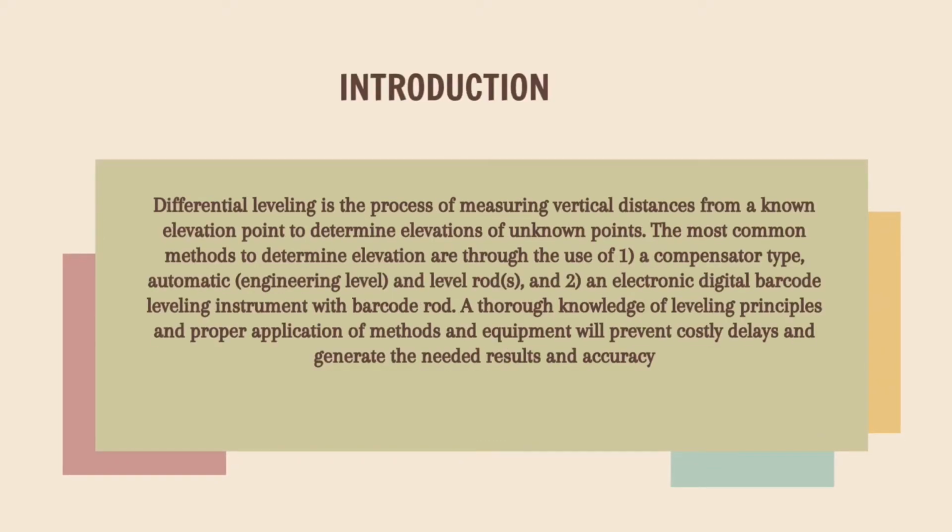Differential leveling is the process of measuring vertical distances from a known elevation point to determine the elevation of unknown points. The most common methods to determine elevation are through the use of, first, a compensator type automatic engineering level and level rods, and second, an electronic digital barcode leveling instrument with barcode rod.